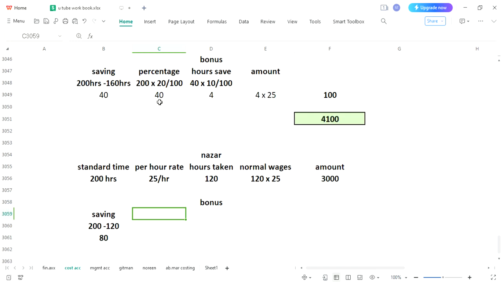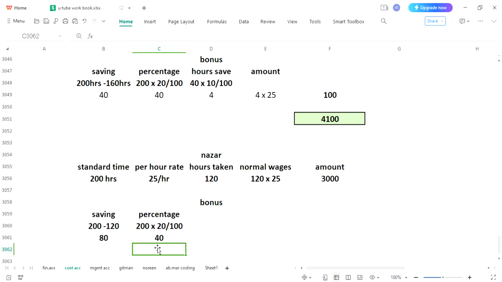So we will calculate percentage, and it has been said to calculate first 20%. You need to calculate 20 divided by 100, and how will you calculate it? 200 multiplied by 20 divided by 100. First saving is 40. As you know that total saving is 80 and we have calculated first percentage which is equal to 40.